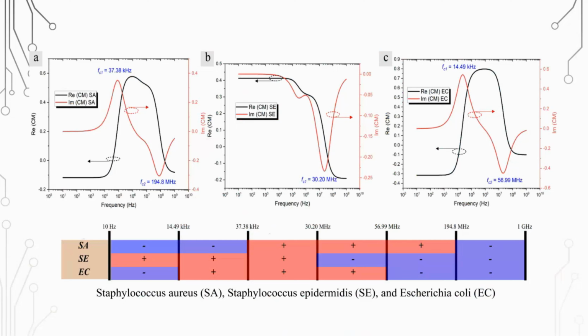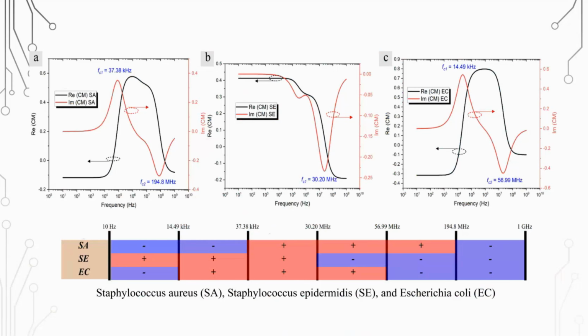For E. coli, at frequencies below 14.5 kilohertz, it will have negative DEP force, which means that in this range the E. coli will be repelled. I mean, it will move away from the electrode. But at frequencies from 14.5 kilohertz until almost 57 megahertz, the E. coli will behave differently.